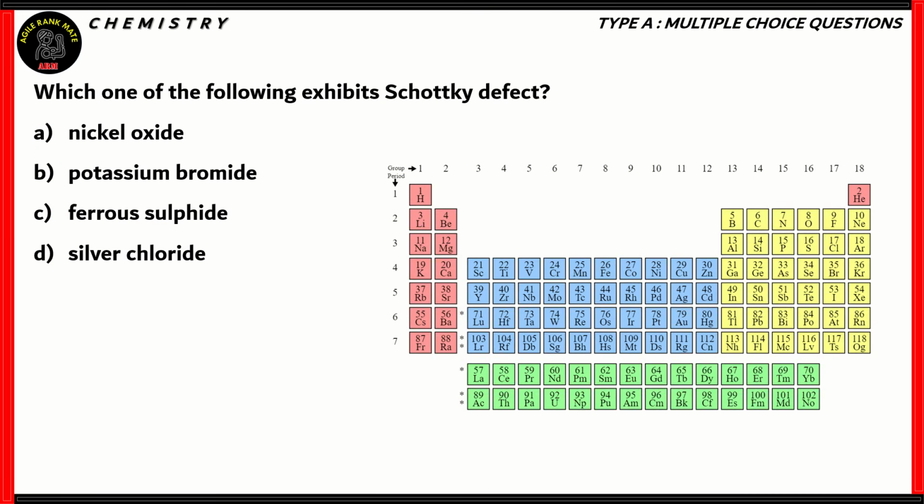This one is from chemistry. Now remember, the periodic table is not a part of it, it's just what I'm using to explain the answer. Which one of the following exhibits Schottky defect? Now the Schottky defect is a stoichiometric defect for ionic crystals.